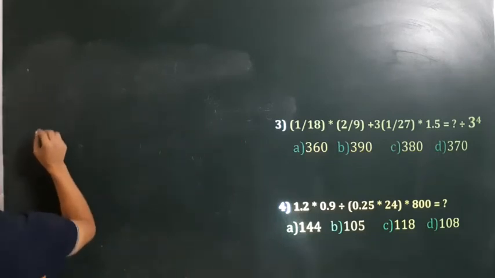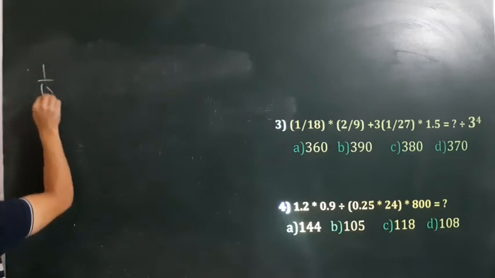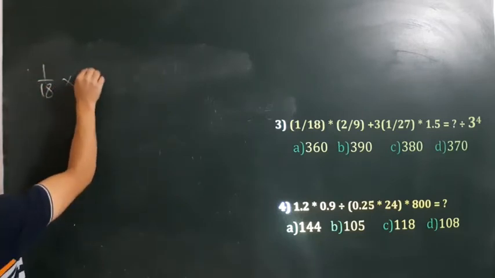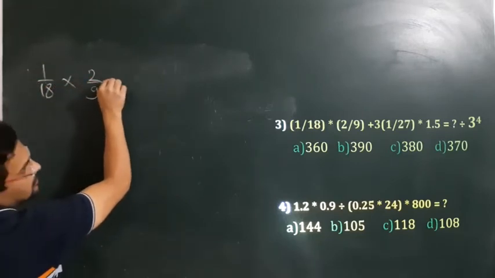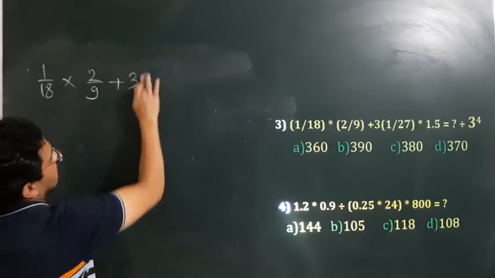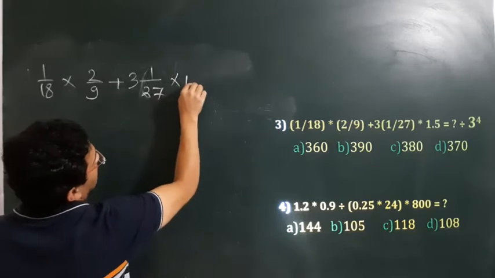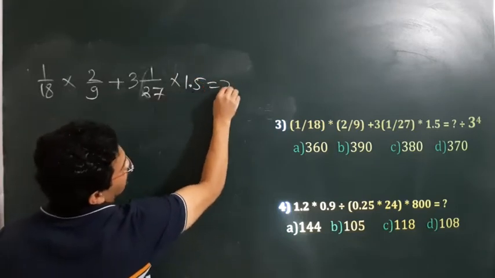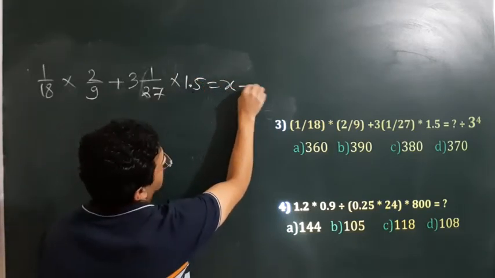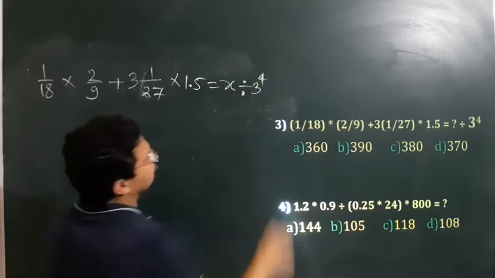It is written as 1 upon 18, okay, multiply by 2 by 9 plus 3, 1 is 2, 1 divided by 27 and multiply by 1.5 is equal to what? X, that is question mark, and whole divided by 3 raised to 4.